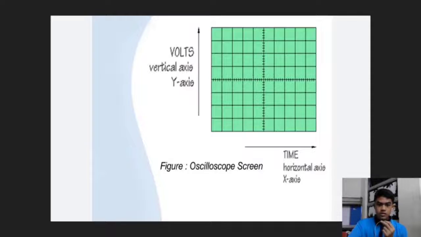As you can see here, the vertical axis, the y-axis, is volts, and the horizontal axis, the x-axis, is time.